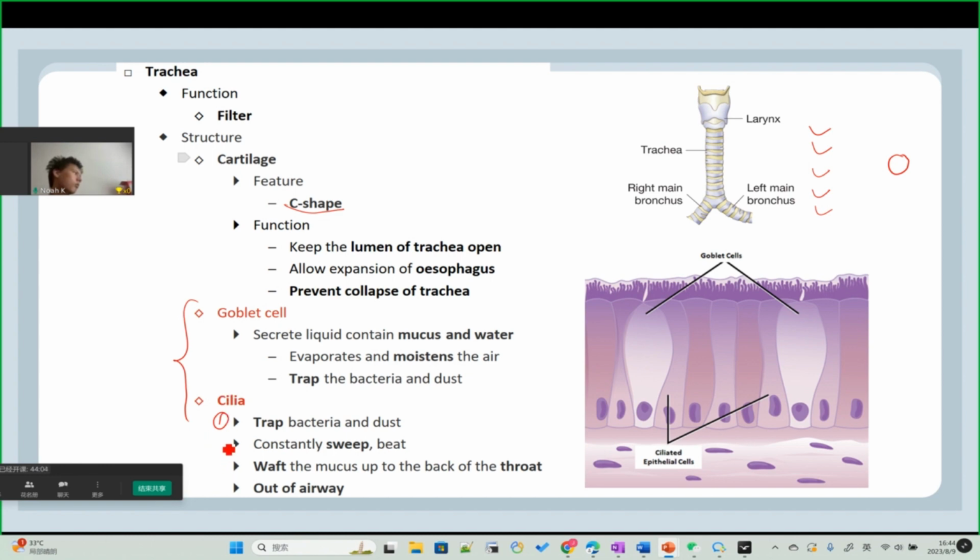The second mark is for saying that the cilia are constantly sweeping and beating. The third mark is that the cilia can then wave the mucus up to the back of your throat, enabling the mucus to be secreted out of the airway. Is it clear? You have to memorize these 3 points. Yeah.